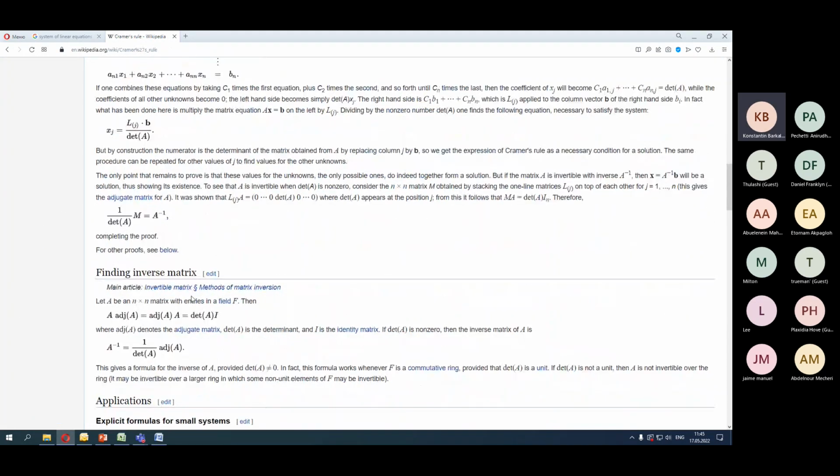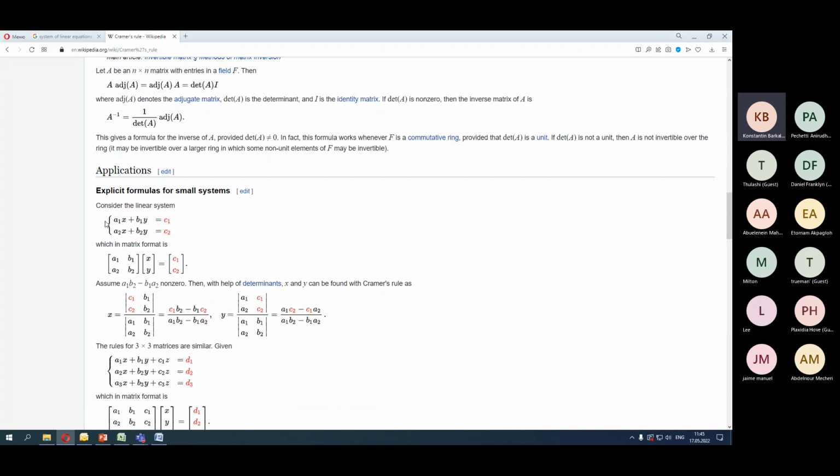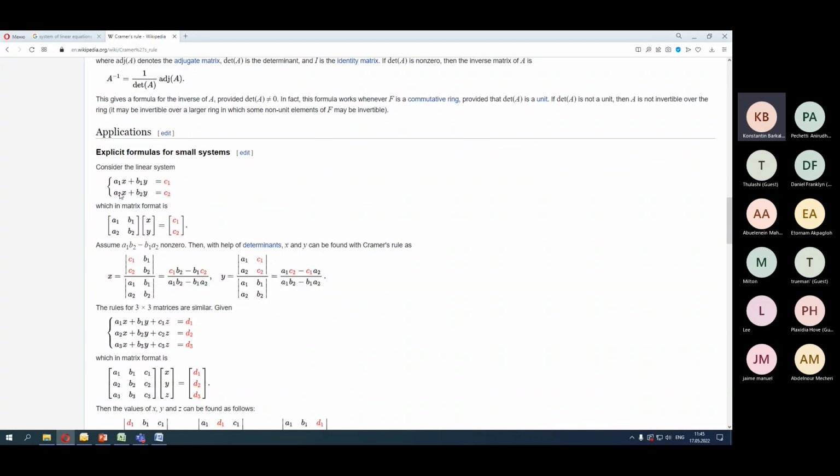You can find their examples of a Cramer rule for this very simple case, the system of equations with two equations and two unknowns.